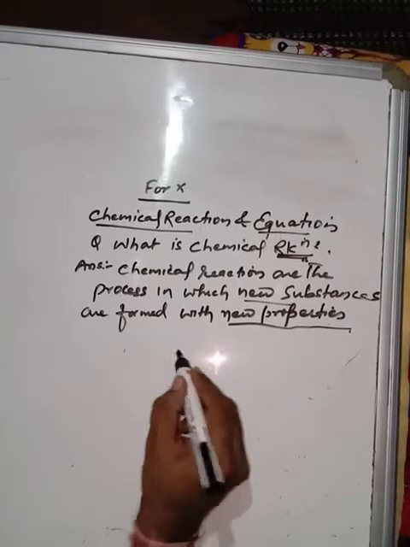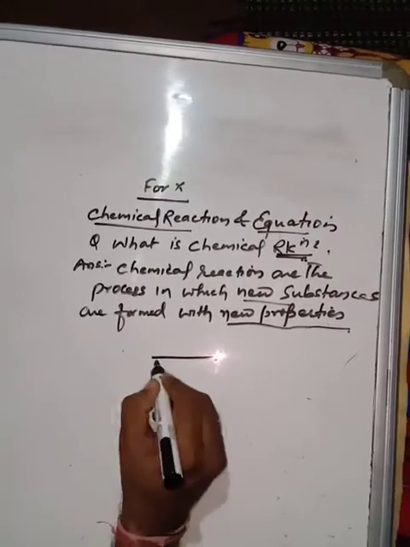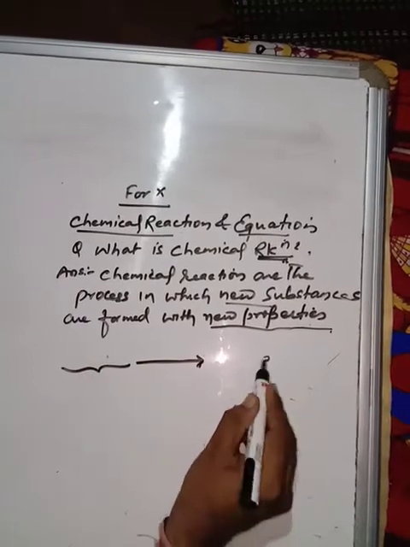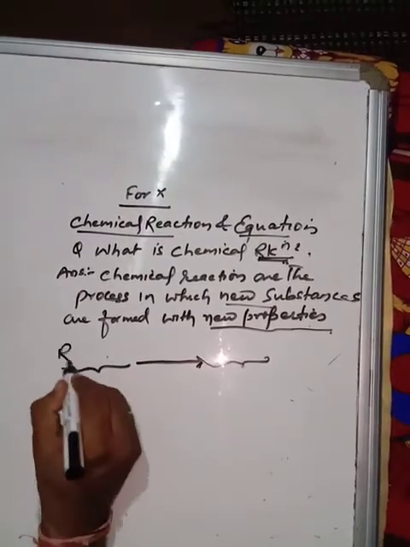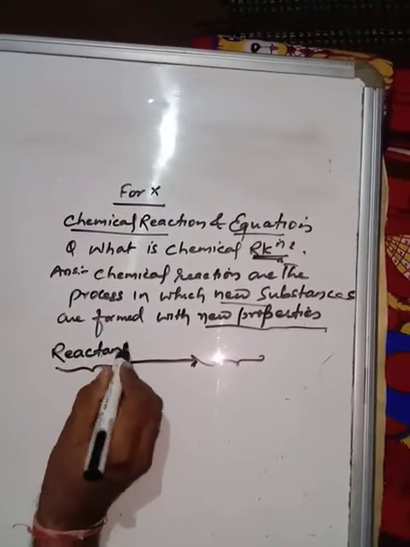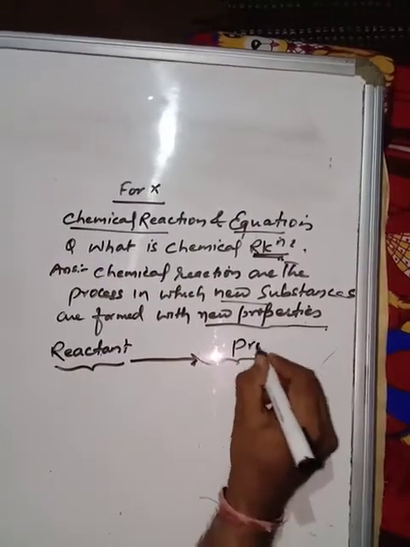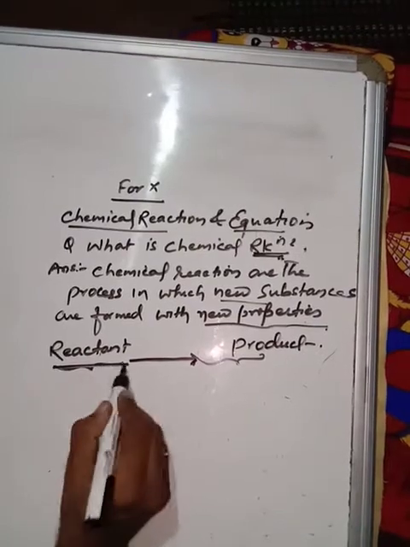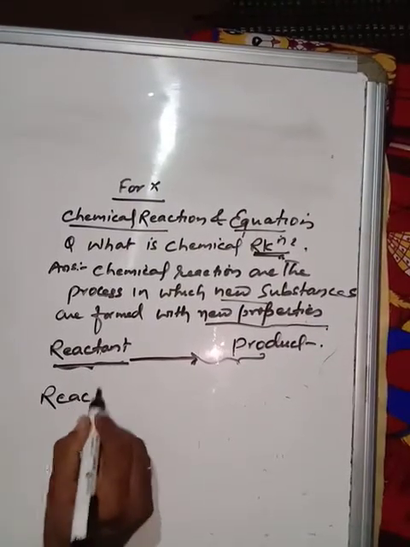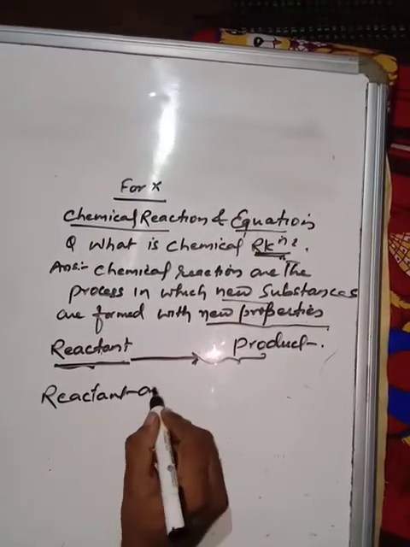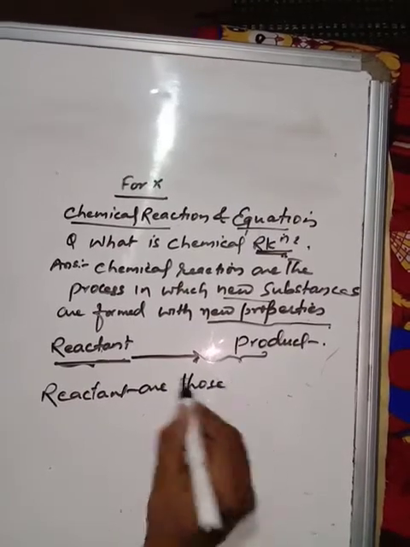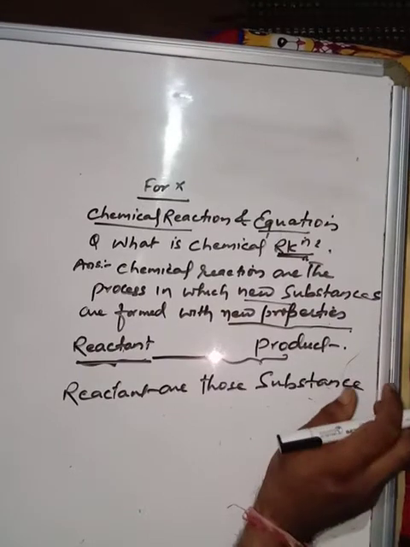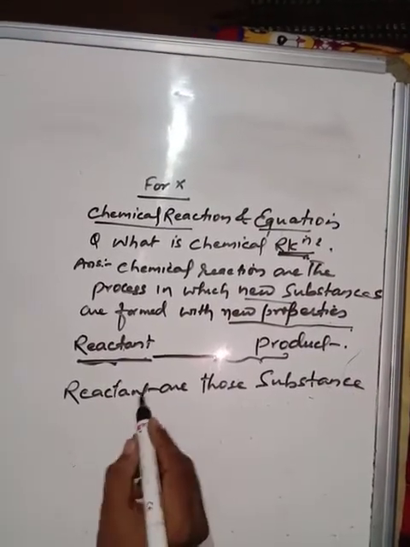Now this arrow separates the two phases. One is called reactant and the other is called product. Then what are reactants? Just brushing up, because I had produced this video earlier on.